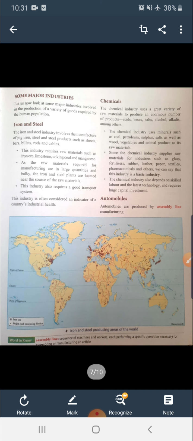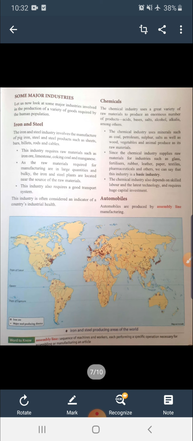Moving towards the chemical industry. The chemical industry uses a great variety of raw material to produce an enormous number of products: acids, bases, salts, alcohol, alkalis, amongst others. The chemical industry uses minerals such as coal, petroleum, sulfur, salt, as well as wood, vegetables, and animal produce as its raw material.